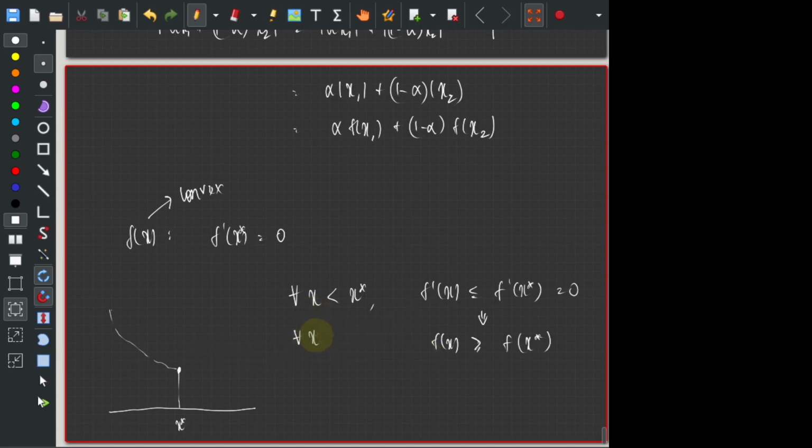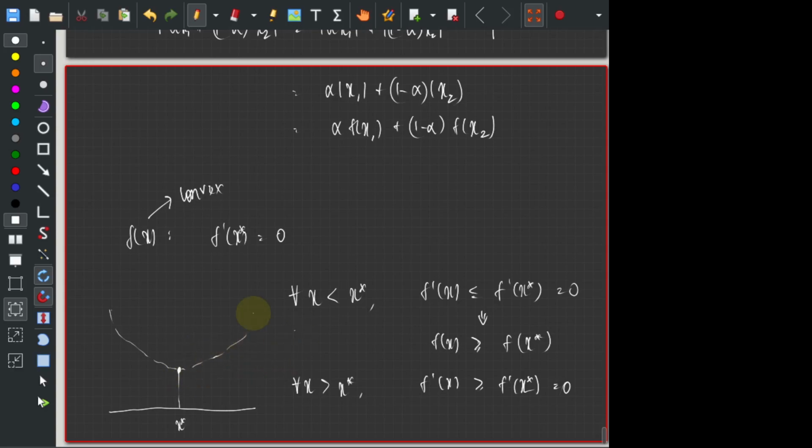Okay, so now let me take x greater than x star. What can you say about the derivative? It's positive, so f of x is greater than or equal to f of x star, right? So beyond x star, it's an increasing function.